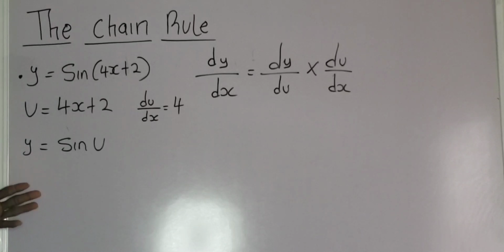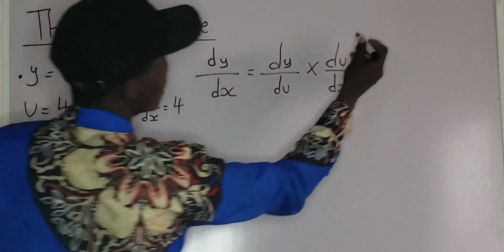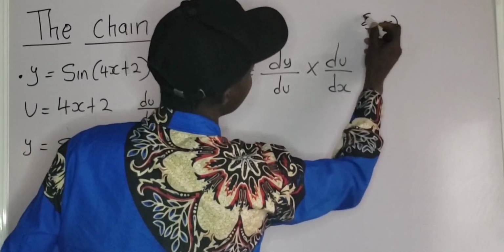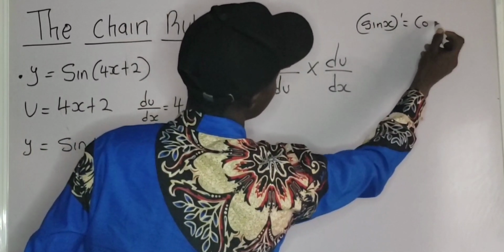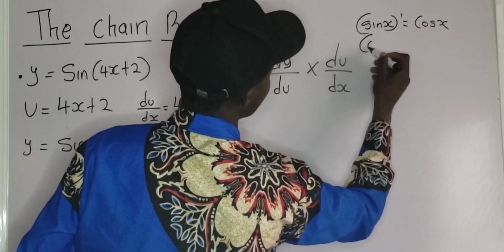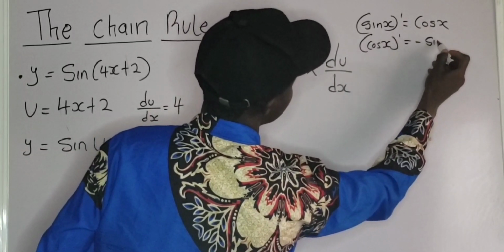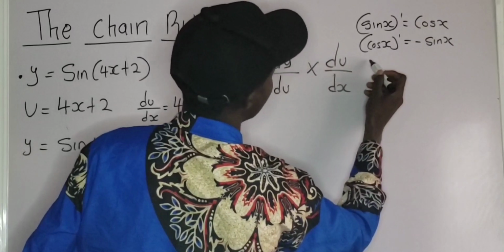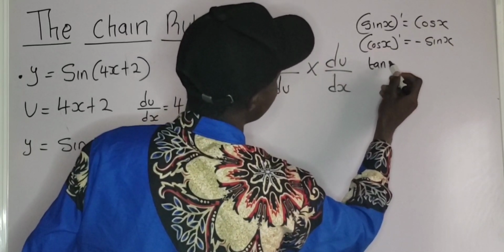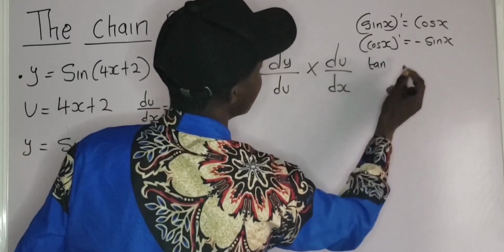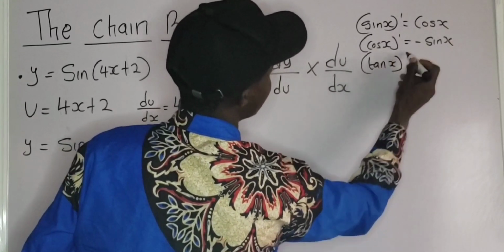Now, if you take the derivative of sine u, don't forget, we learned that the derivative of sine x is what? Cos x, right? And the derivative of cos x is what? Minus sine x. And if you take the derivative of tan x, that is what?